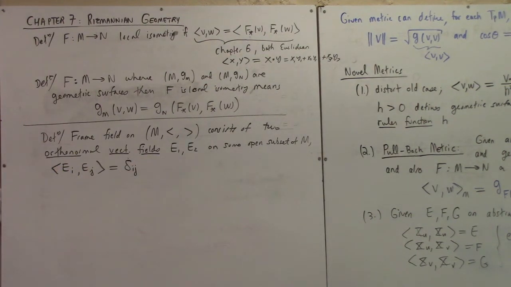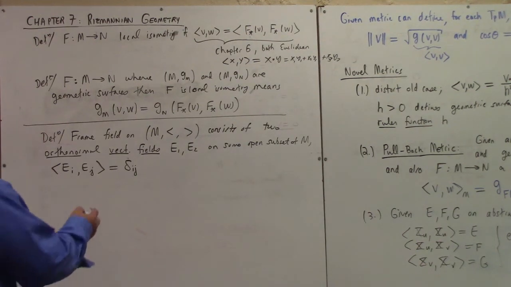All right. So E1 with E1 is 1, E1 inner product E2 is 0, E2 inner product E2 is 1.